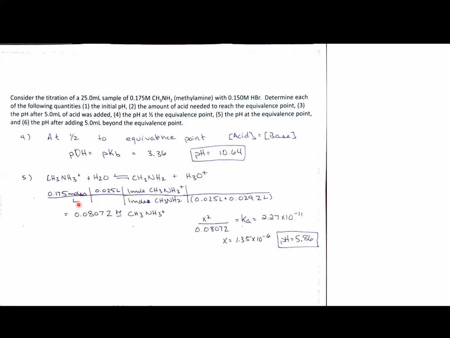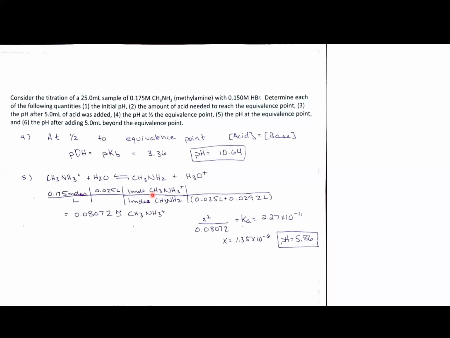So what I need to know is what's my concentration of this stuff at equilibrium? Well, it's a 1-to-1 mole ratio between methylamine and methylammonium. So this is what I start with, and this is what I end with. It's a 1-to-1 mole ratio. So my concentration times the amount I used of CH3NH2, 1 mole of this forms for every mole of that.